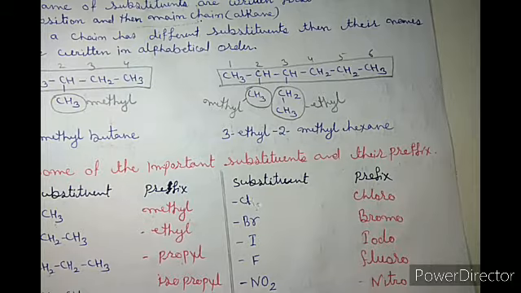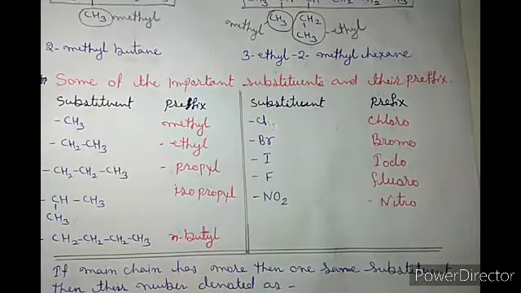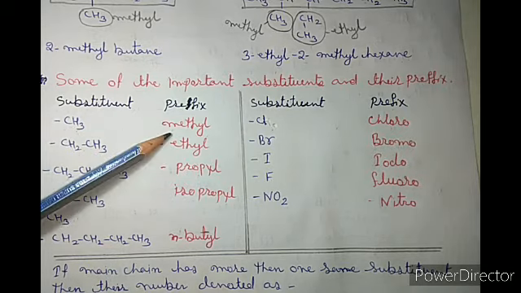Got it? Understand? Now there are some substituents and their prefixes. It is very important for us, because if we do not have any idea of substituents and their names, then how will we write the name of a hydrocarbon? So that is very important. If a CH3 group is the substituent, then it is called methyl.